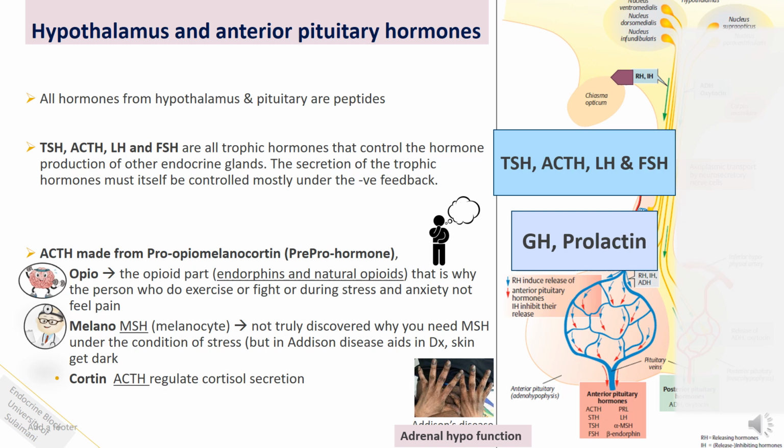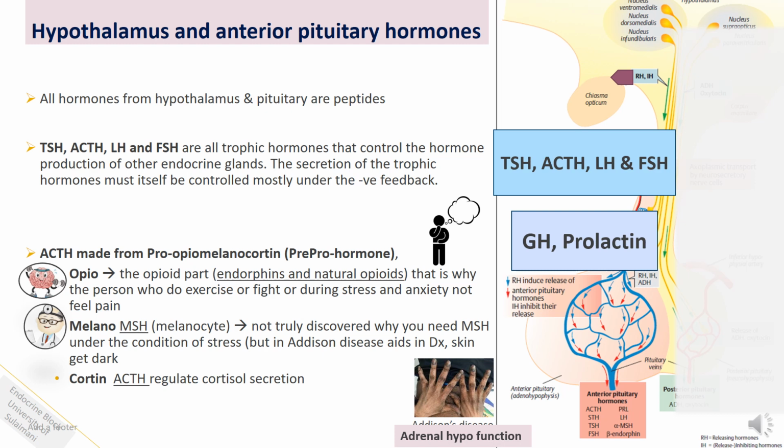While we have hormones of the anterior pituitary which are TSH, ACTH, LH, and FSH. These are called trophic hormones or tropic hormones. Trophic hormones means that they affect or control hormone production of other endocrine glands.